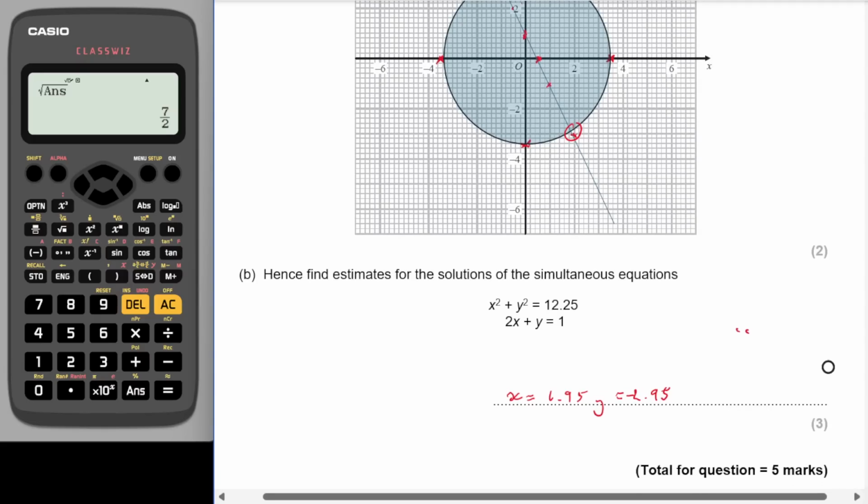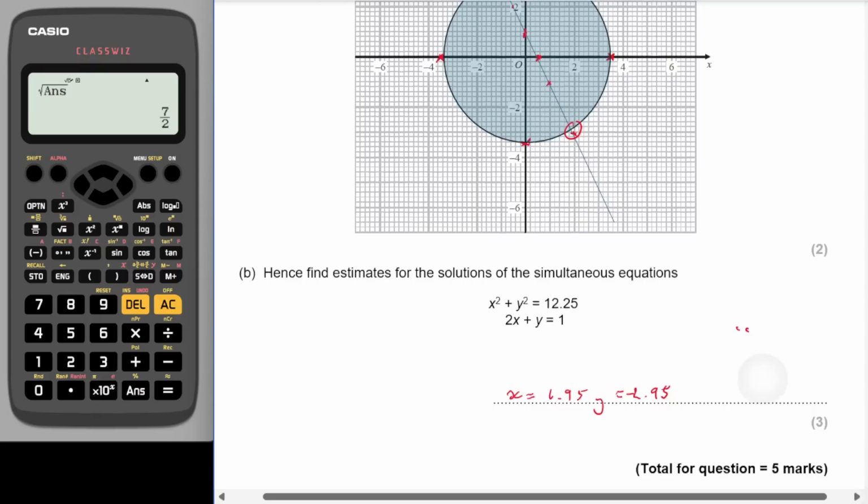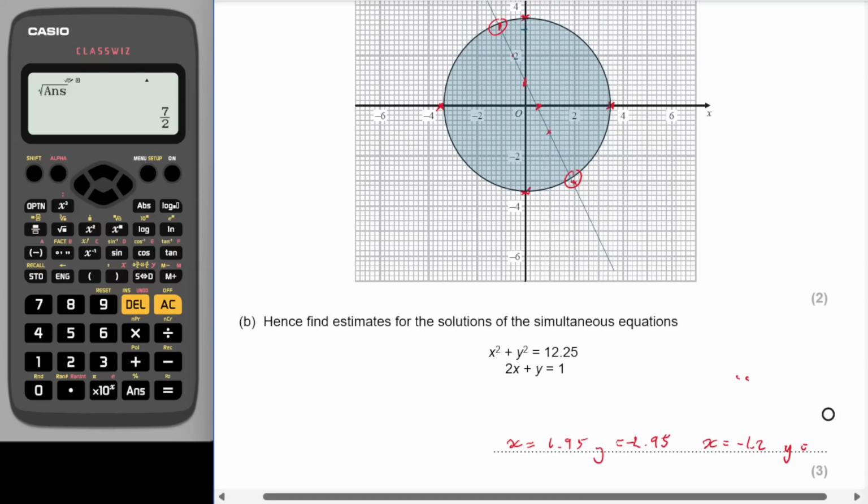And then the next one we're looking at is x equal to minus 1.05, maybe slightly more than that, minus 1.2. And y is equal to 3.3-ish. So those are my two pairs of values.